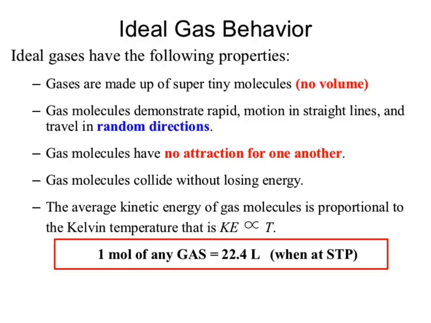Which means when I take a mole of those particles, they're all going to occupy the exact same space. They're not going to vary depending on the size of the atom. If I take a mole of hydrogen and a mole of ununoctium, I believe is what it is, 118, the smallest element and the largest element, and turn them into a gas, what is the volume? It's 22.4 liters. Well, that's weird.